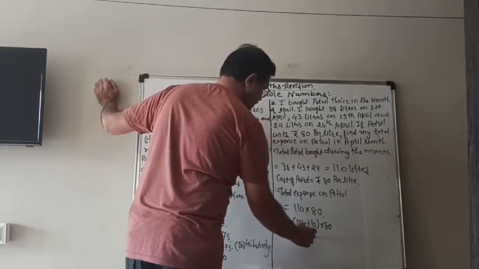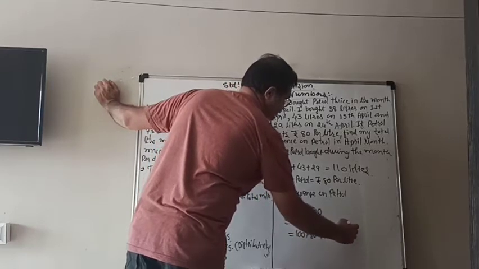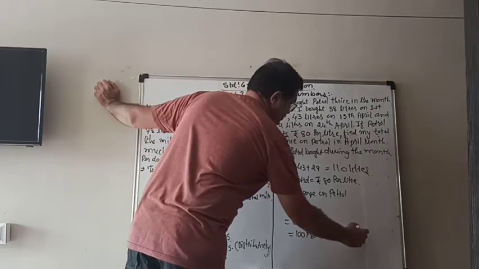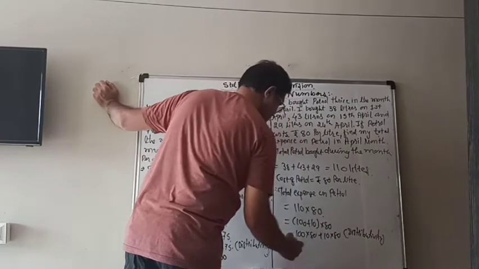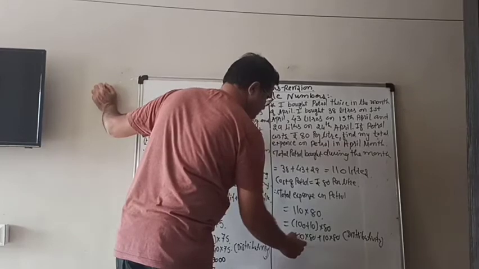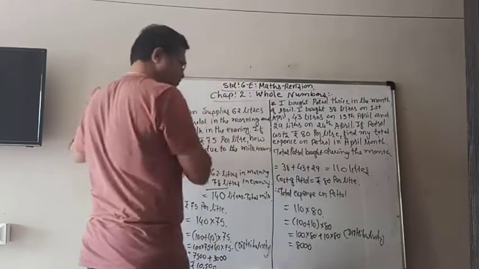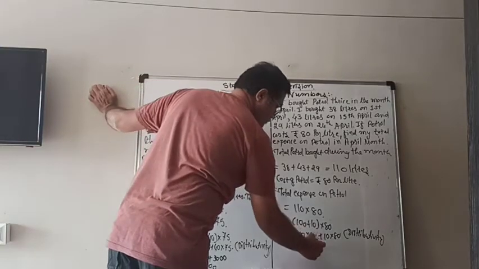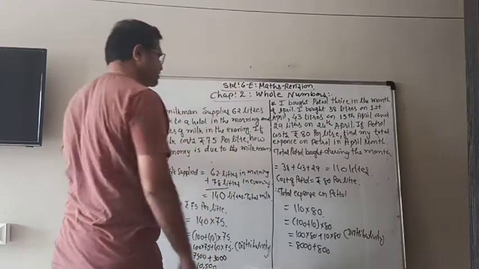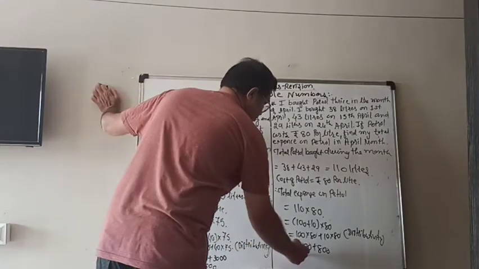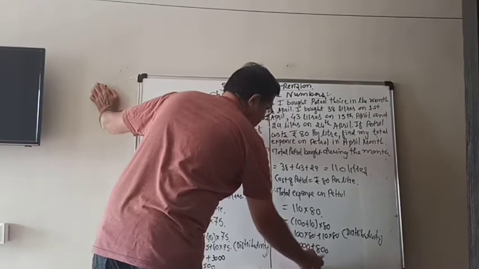So it is equal to 100 into 80 plus 10 into 80 by distributivity. So 100 into 80 is 8,000 plus 80 tens are 800, so it is equal to rupees 8,800.